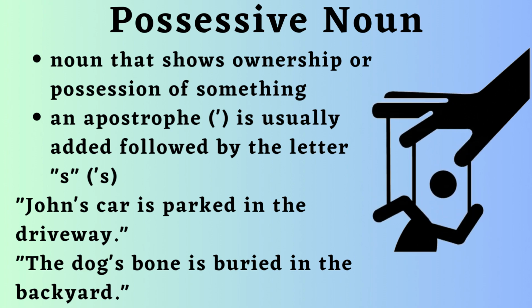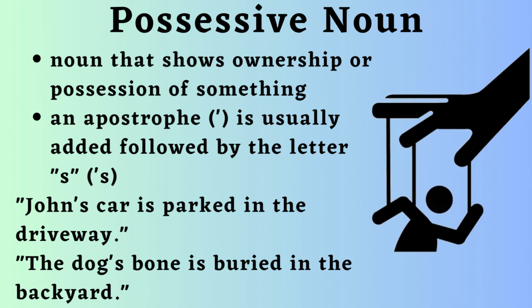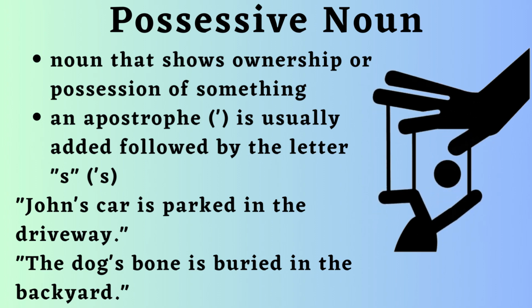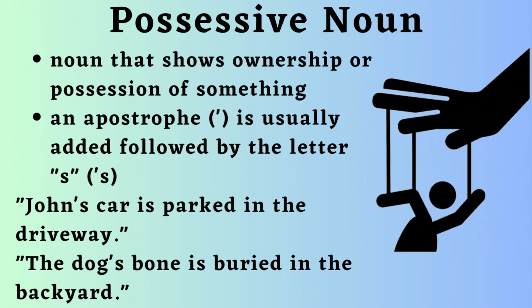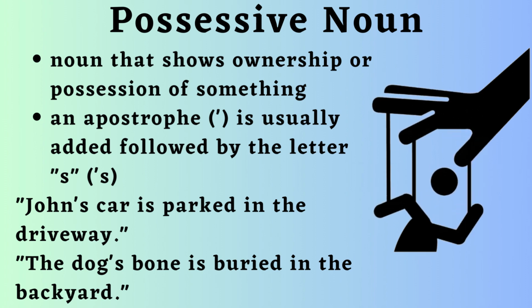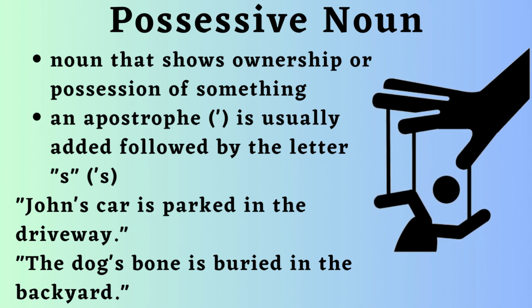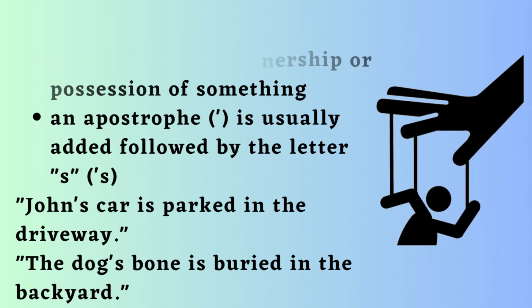Another example is the dog's bone is buried in the backyard. In this sentence, the possessive noun, dog's, demonstrates that the bone belongs to the dog. The apostrophe and the letter S are added to the noun dog to show possession.